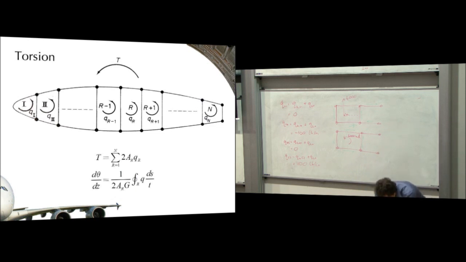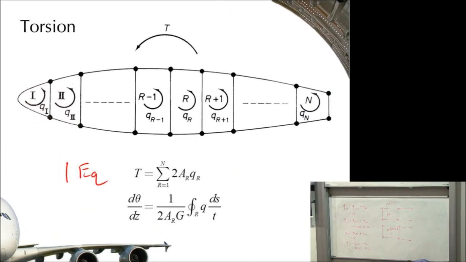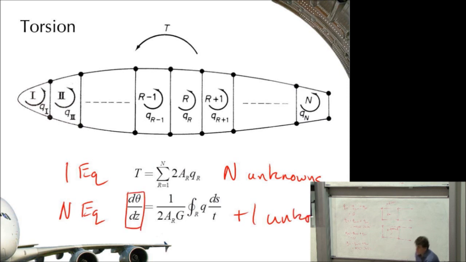So we start with one equation and n unknowns. When we add the rate of twist, we end up with n equations, and we add one more unknown. And that one more unknown is the actual rate of twist.